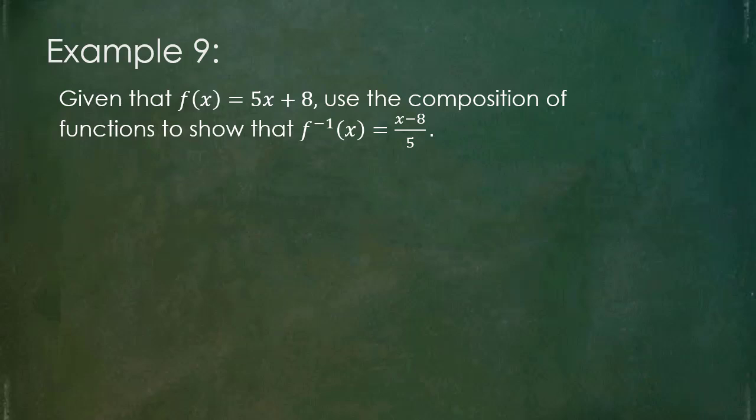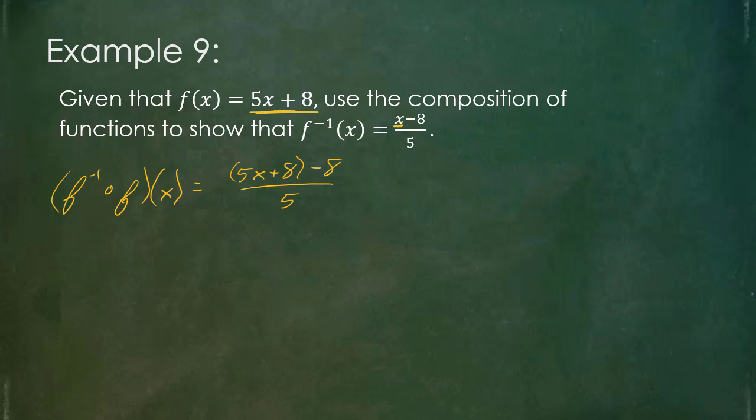The first one I'm going to do is the f inverse of f. So essentially that means this 5x plus 8 is going to get plugged in where I see the x in the inverse function. So that would look like 5x plus 8 and then minus 8 all over 5. So notice I just saw where the x was here, and technically I substituted the 5x plus 8 in that position.